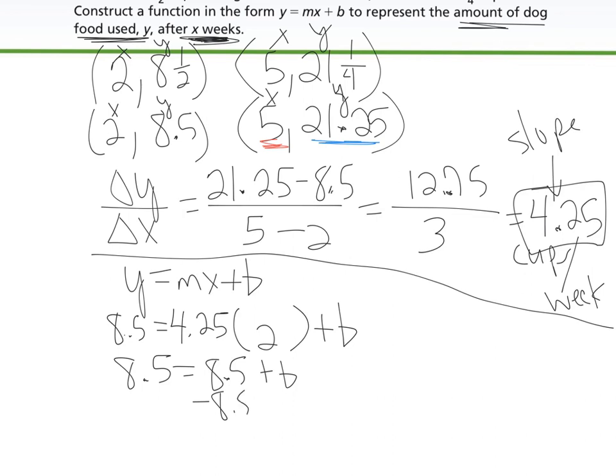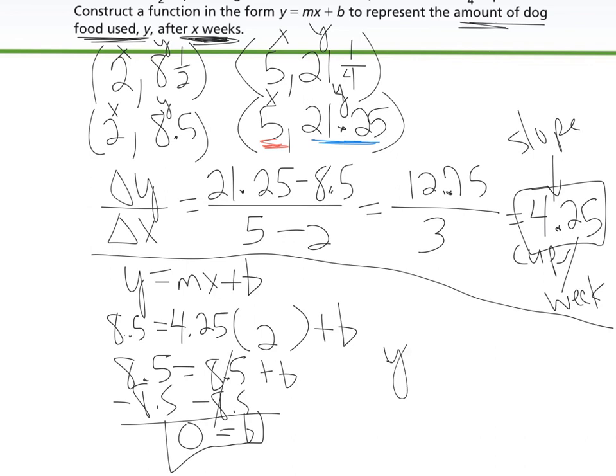They're adding, we subtract. So that would be 0. That means our y-intercept is 0. So we're starting out with no dog food used at the beginning. So this is actually proportional, goes through 0, 0.